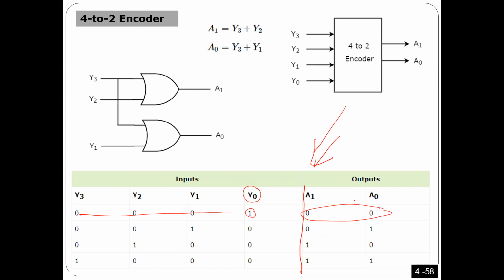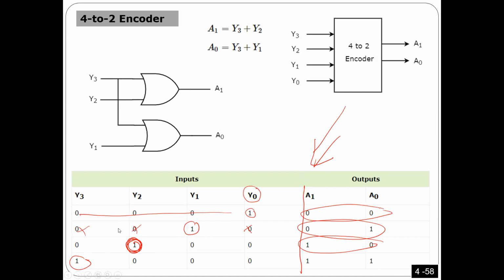The other possibility is when Y1 is 1, everyone else should be 0, and the output has to be number 1 in binary. If the 1 is here, it should be number 2. If the 1 is here, it should be number 3. This is the truth table; this is how it should work.